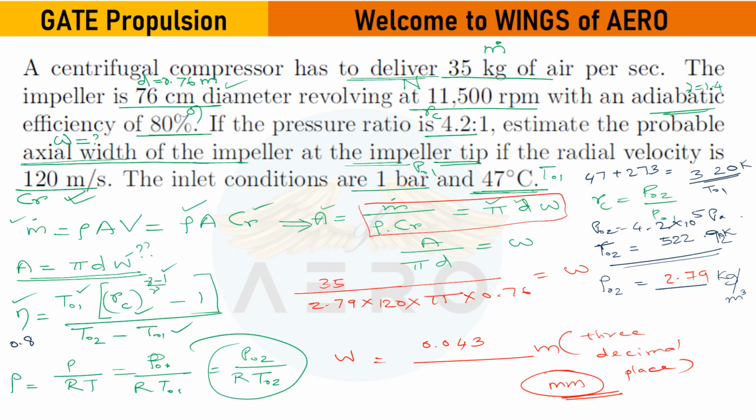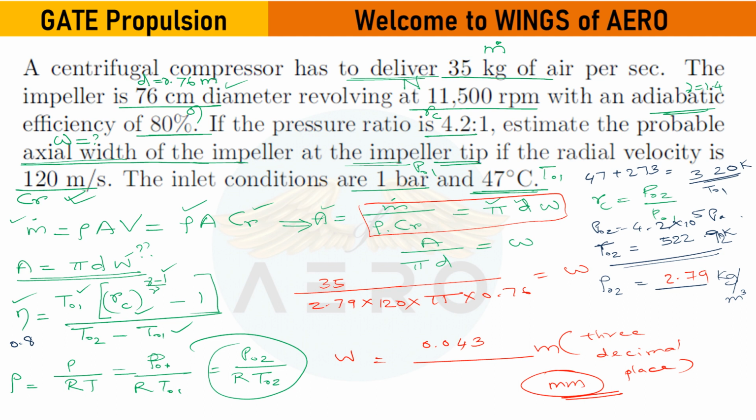Let me give you one difference. In the earlier problem, you studied estimating the probable axial width of the impeller at the impeller tip.